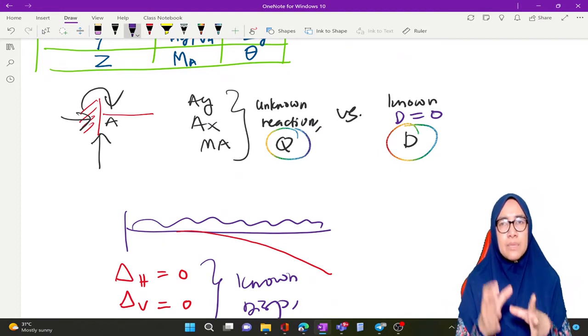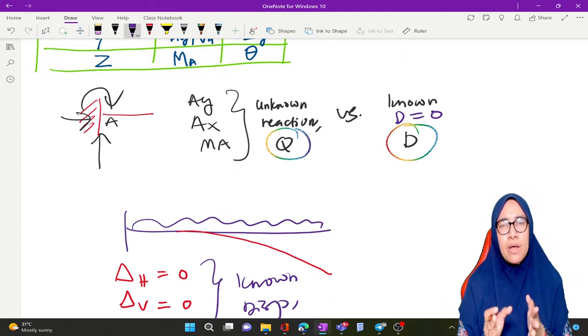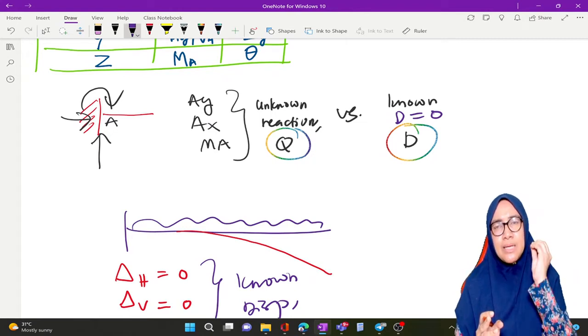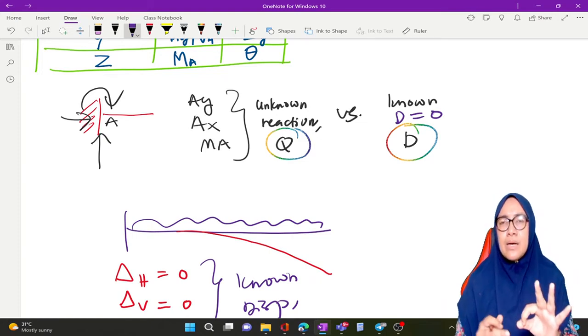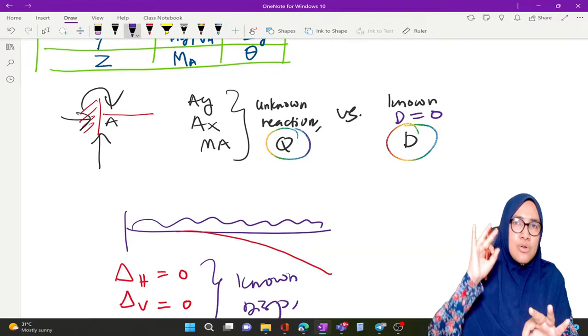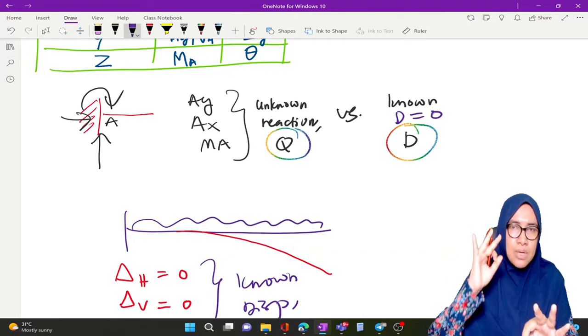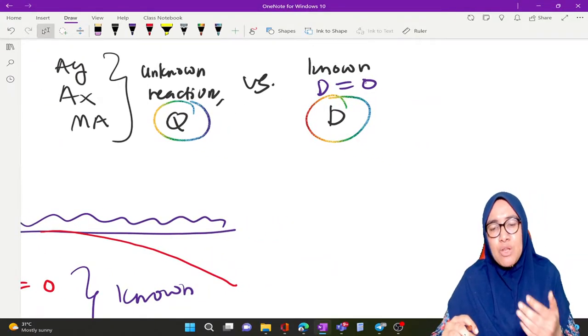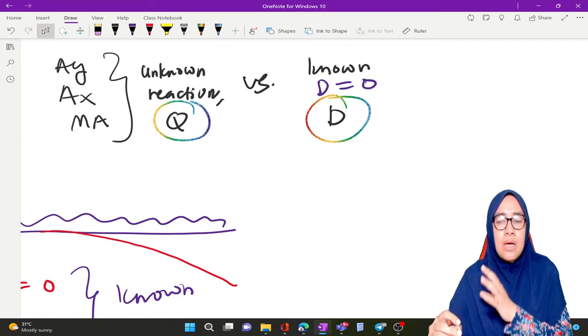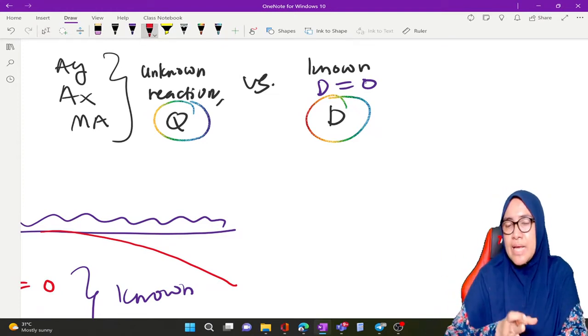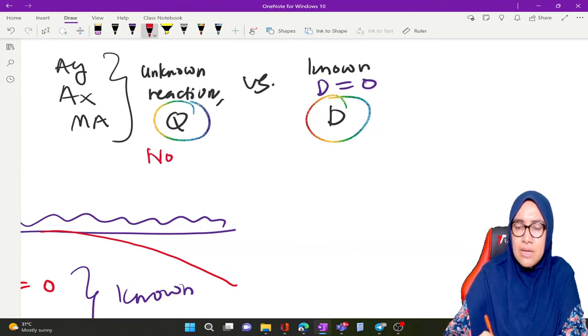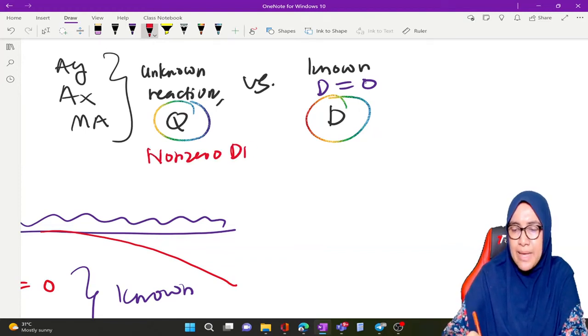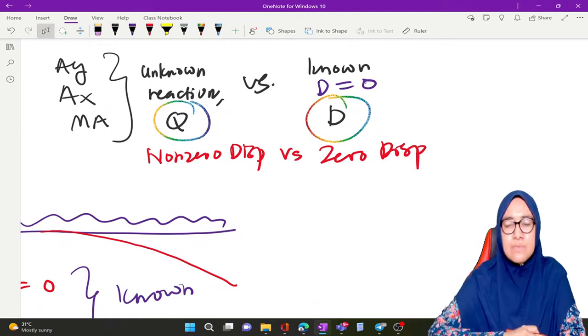Because of the support, at the support there's no displacement. If it is fixed, it is fixed. There are 3 unknown reactions, which means there are 3 non-displacements. So beside calling this unknown reaction, we can call it non-displacement. We can categorize this as non-zero displacement versus zero displacement.